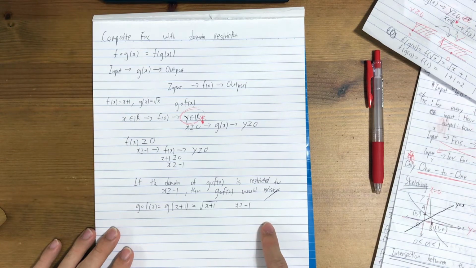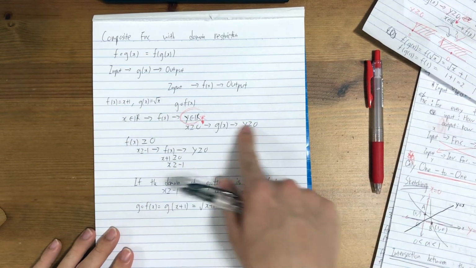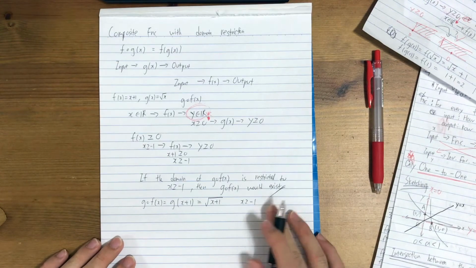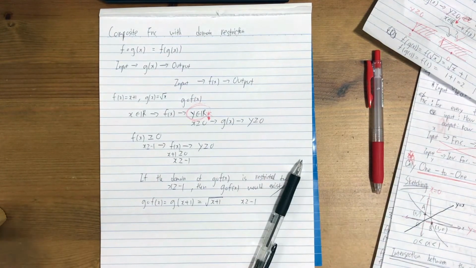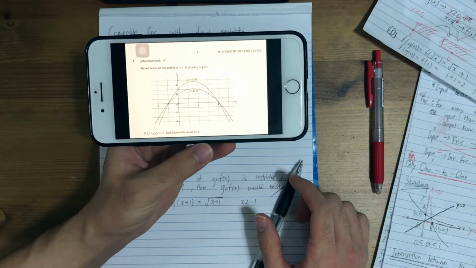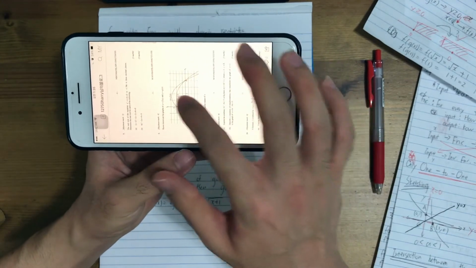For those cases, you have to use this algorithm. An example is in one of the past papers. I don't know whether you guys could see this image. It's a past paper question from May 10.